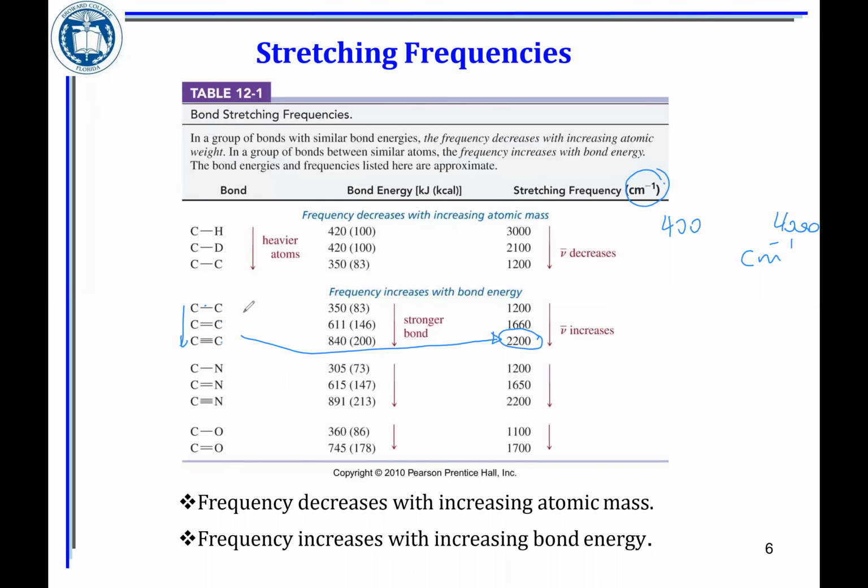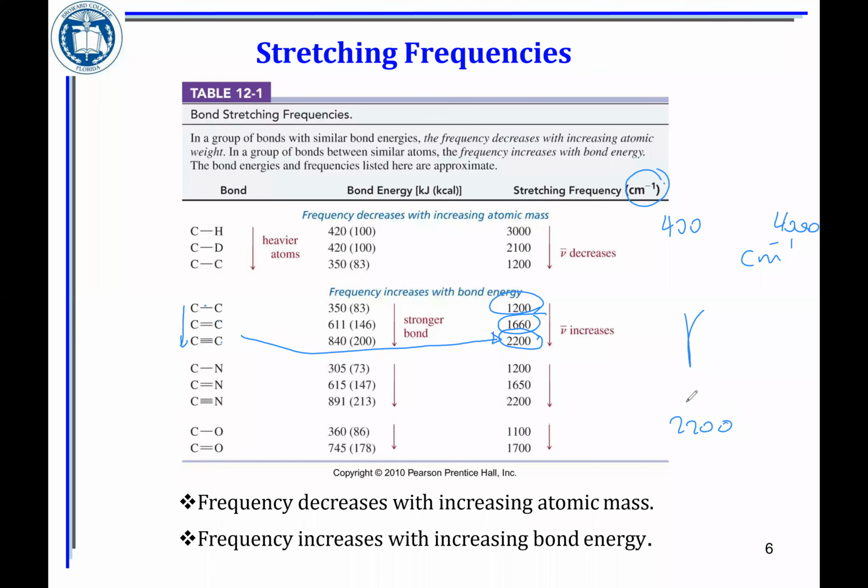For a CC double bond, it's around 1600. For a CC single bond, it's 1200. So the stronger the bond, the higher the energy needed. Let's say you have an unknown compound and you run it on the machine, trying to get the IR spectrum, and you find a peak at 2200.